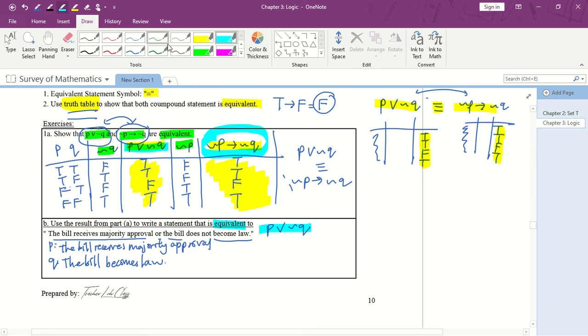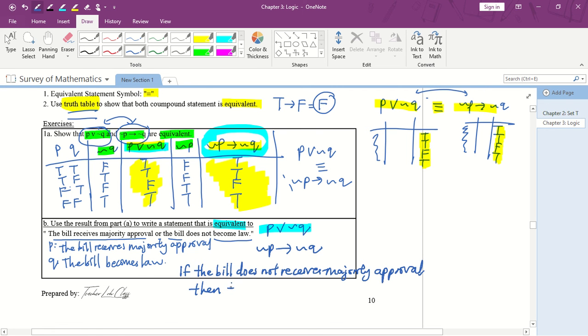So look at here, negation P to negation Q. So we will write it as: if the bill does not receive majority approval, then the bill does not become law.